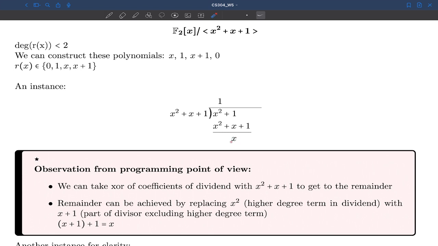Also, one more interesting thing here. What is my divisor here? Divisor is x square plus x plus 1. What is my dividend here?